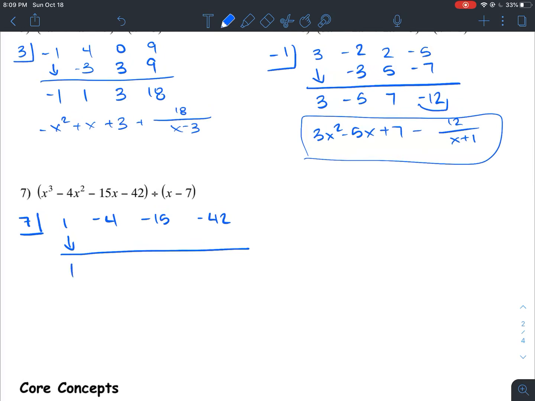So 1 times 7, 7. 7 and -4 is -3. -3 times 7 is -21. -21 and -15 is going to be -36.